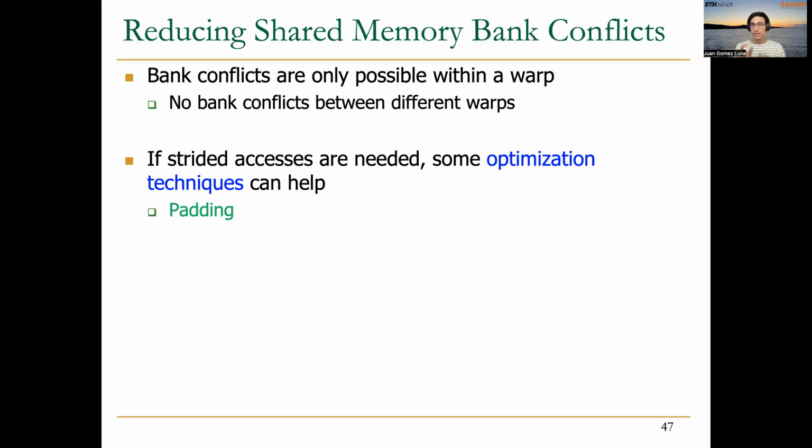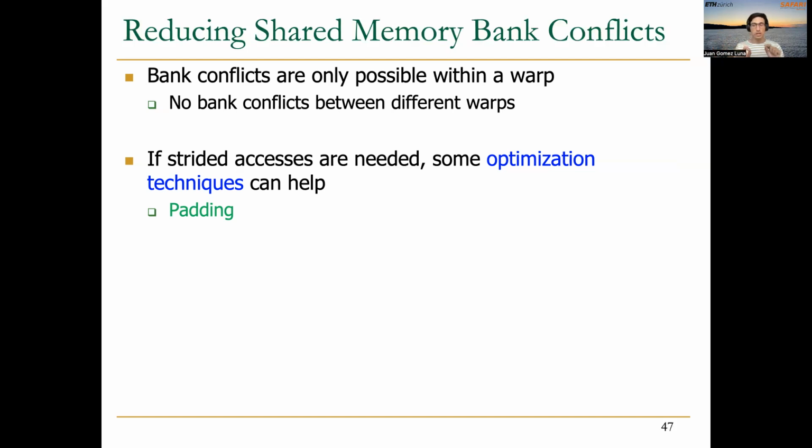What we can do is pad with one empty memory position, such that the 32nd memory location occupied by a specific array is completely empty. And the value that was originally in address 32 is now in address 33. And address 33 is in bank 1.